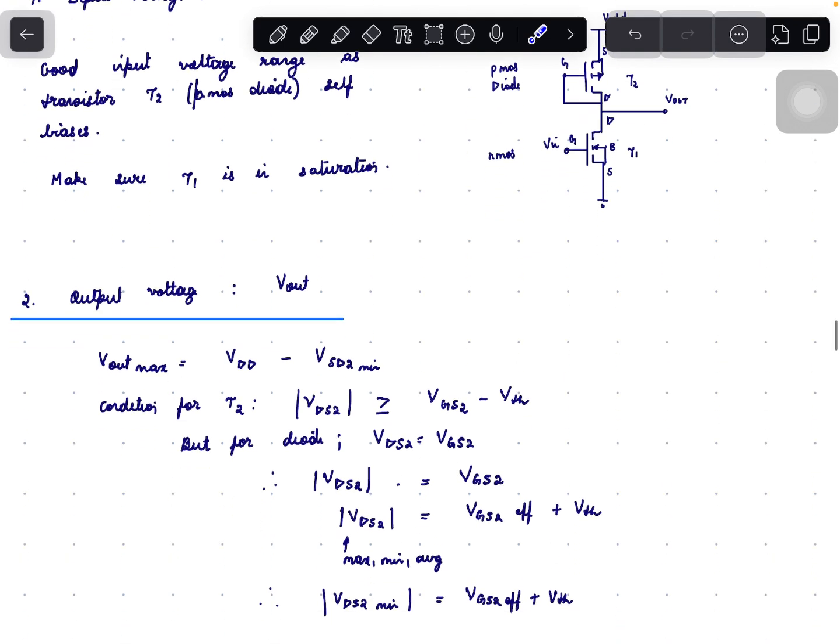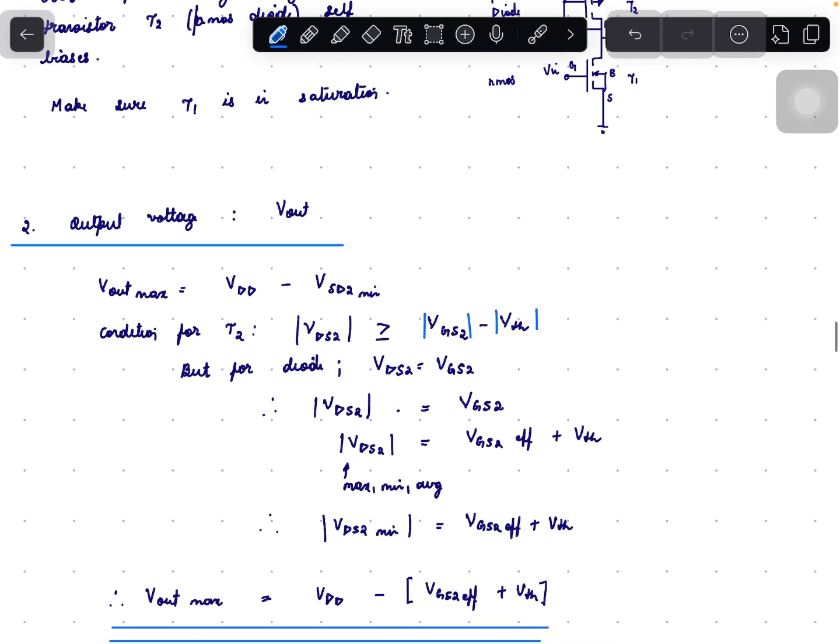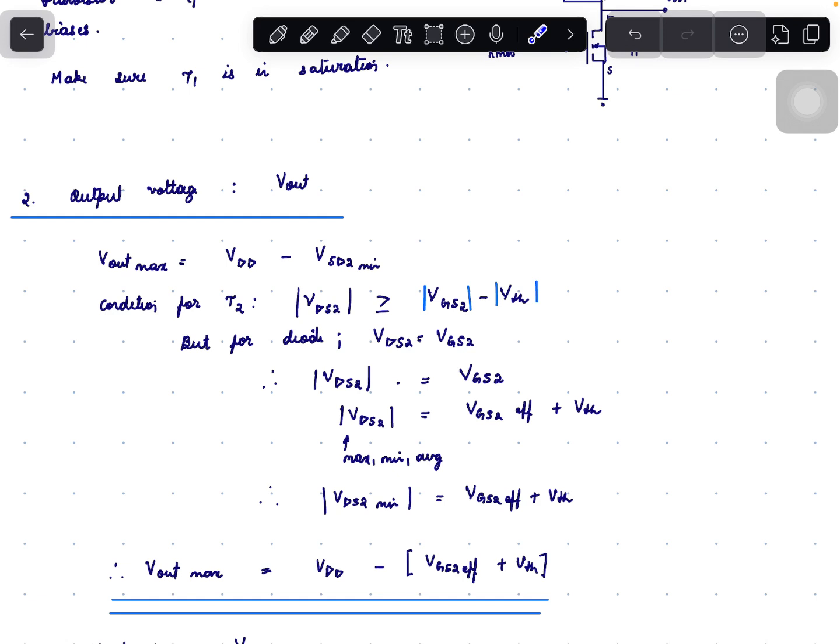Since it's a PMOS, we can write it as magnitude of VDS2 should be greater than or equal to magnitude of VGS2 minus VTH. But for a PMOS diode, the drain to source voltage is fixed, which equals VGS2. So VDS2 is equal to VGS2. So this is a fixed voltage value.